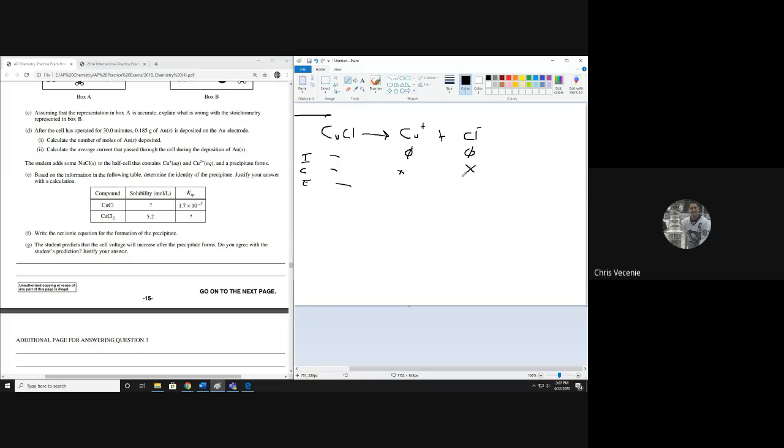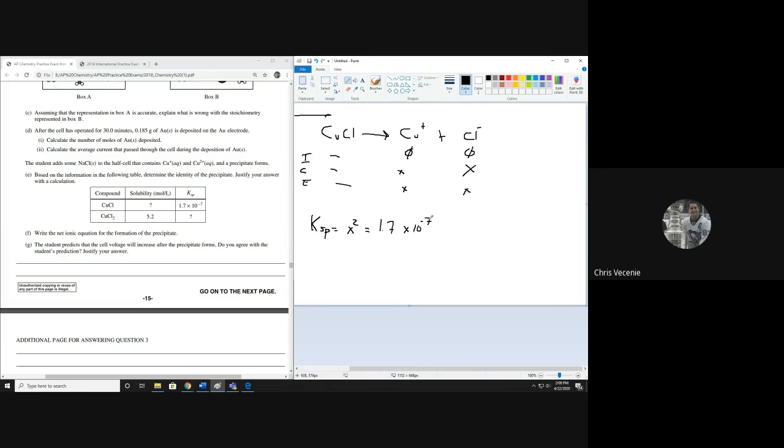X, X, right? X, X again. Next step, we plug it into the K expression. This is a KSP expression. It's going to be equal to X squared. We know the KSP. It's 1.7 times 10 to the negative 7.